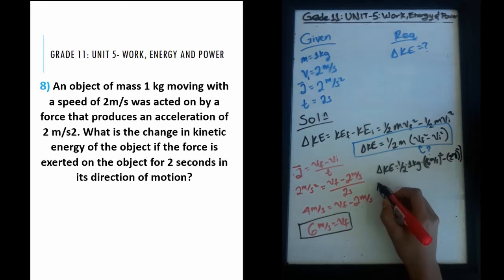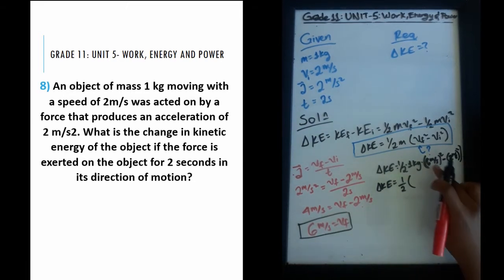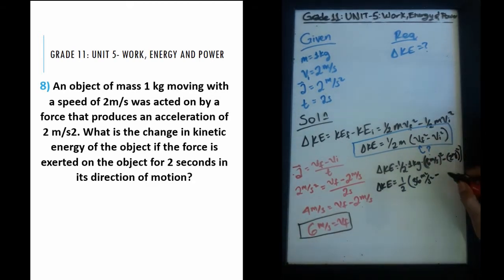But anyway, the change in kinetic energy is going to be equal to just some quick math after this. 1 times 1 is still 1 over 2, multiplied by 6 meters per second squared would be 36 meters squared per second squared, minus 2 squared would be 4 meters squared per second squared.